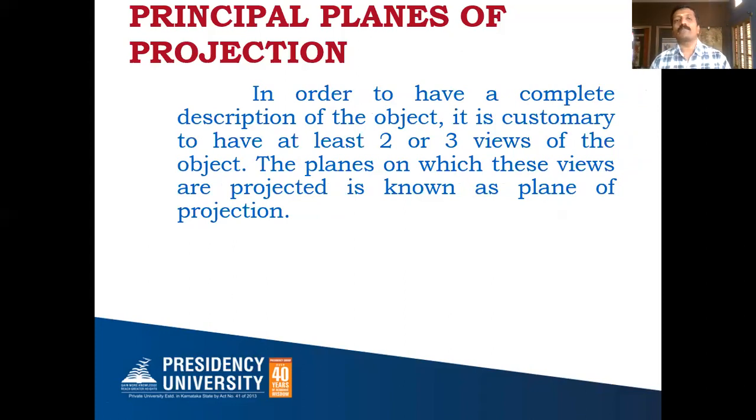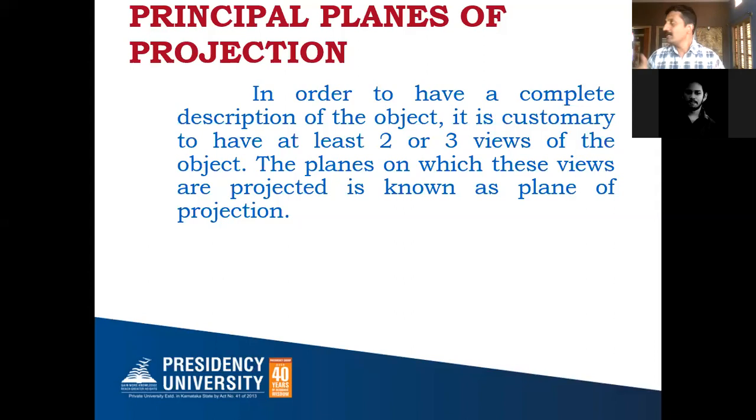In order to have a complete description of the object, it is customary to have at least 2 or 3 views of the object. The planes on which these views are projected are known as the planes of projection. We have 3 planes of projection. The plane is nothing but exactly a flat surface, a perfect plane surface.